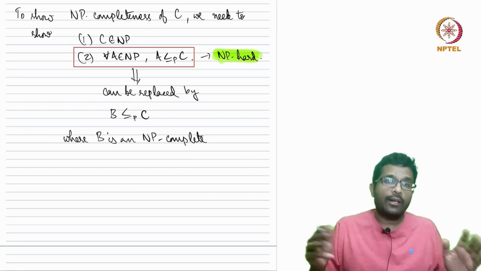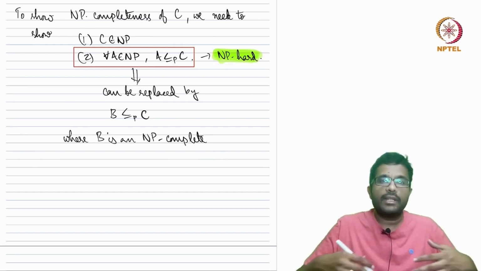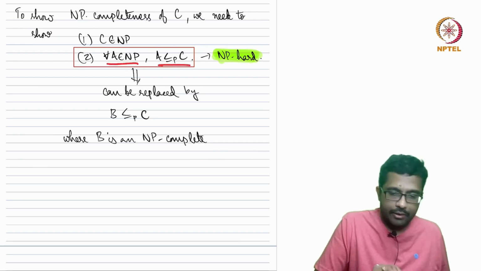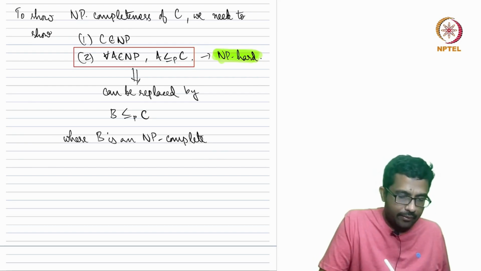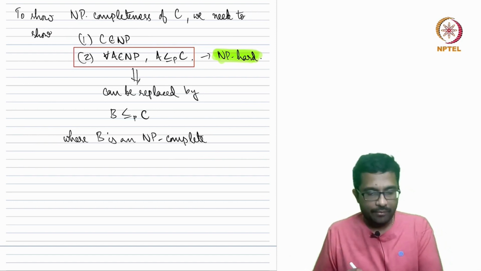But there are languages which are not in NP but are NP hard, because something could be even harder than NP, but all languages in NP can be reduced to it. So being NP hard does not imply that the language is in NP.